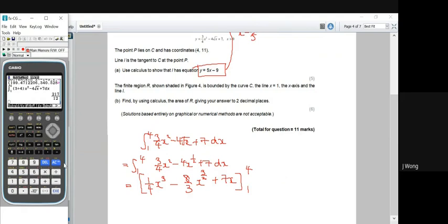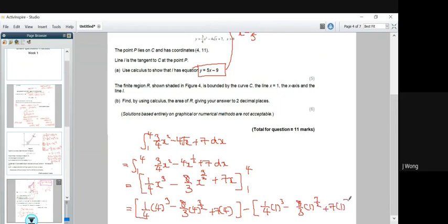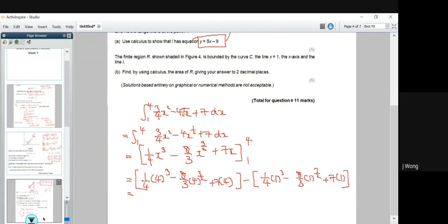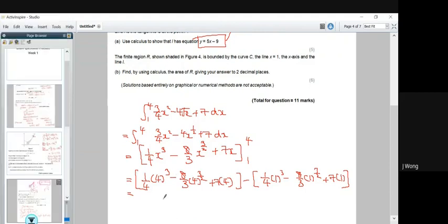So you input the original one, 3/4 of x squared minus 4x to the power of a half, or 4 square root of x. Let me just input square root of x, easier, plus 7. We need this from 1 to 4. Let's do that.